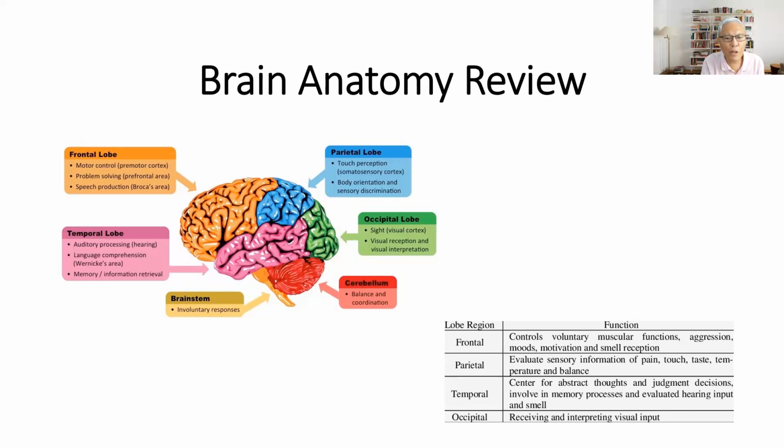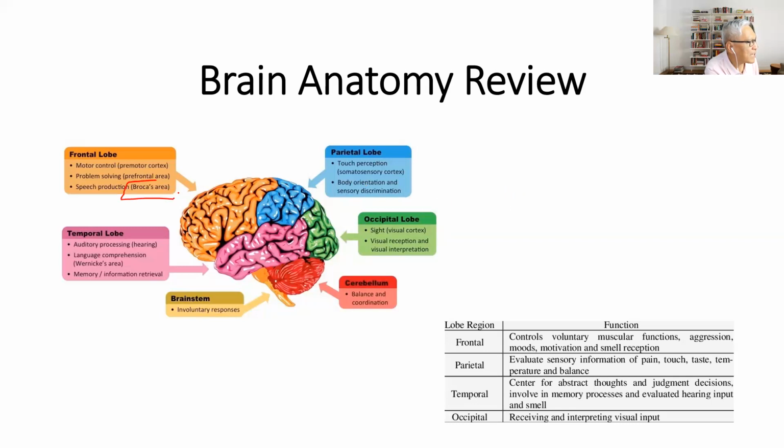So each one of them is going to control some functions, and thus it's important for you to remember. So the frontal lobe controls the motor control, as well as problem solving and speech production. This is where the Broca's area is located. Okay, so the frontal lobe is where the Broca's area is located.